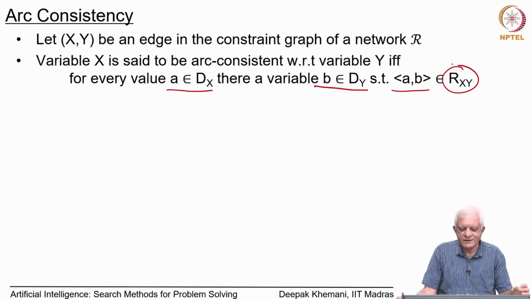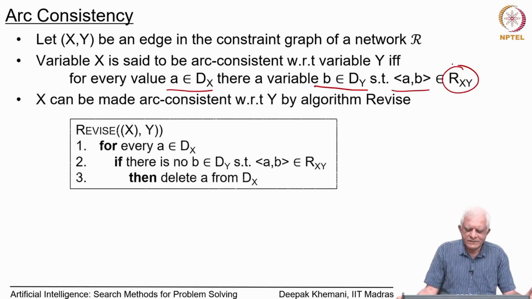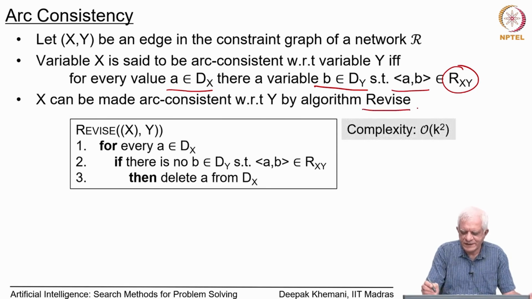All we are saying is that from that value a there must be a corresponding value b in the other domain. Then we say that the variable x is arc consistent with respect to y. x can be made arc consistent with respect to y by a simple algorithm which is traditionally called revise.